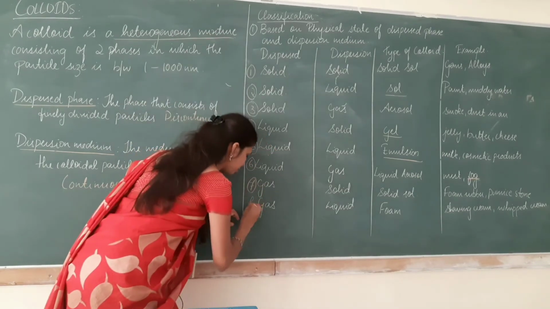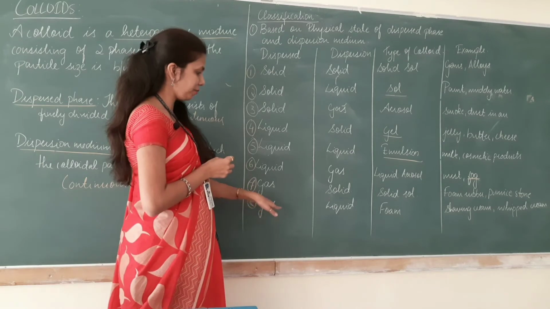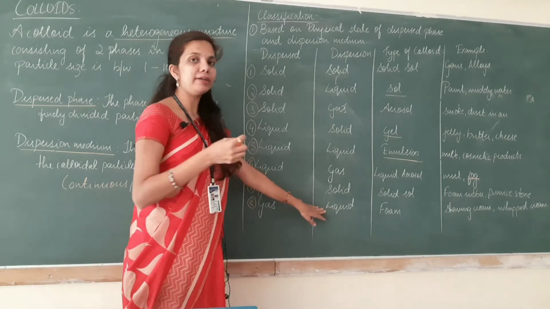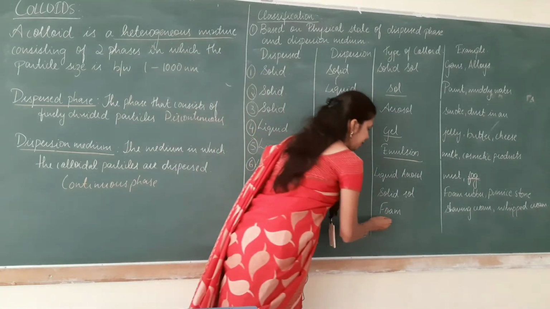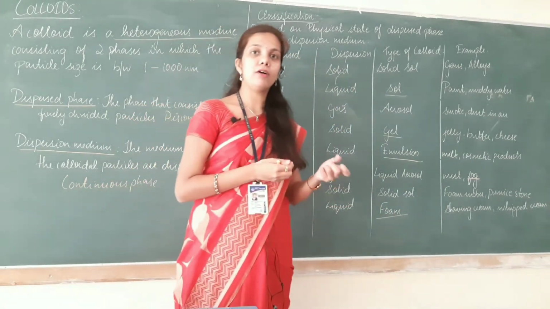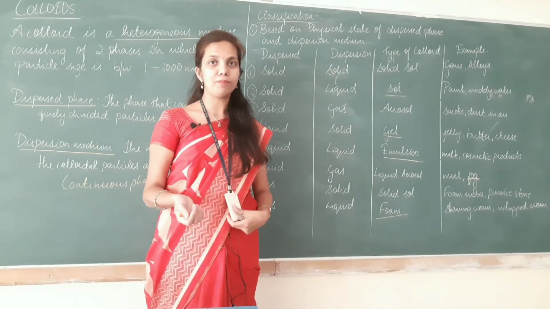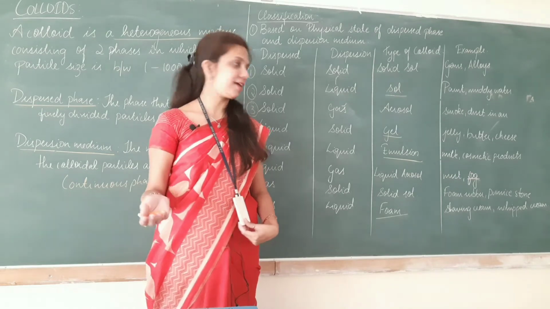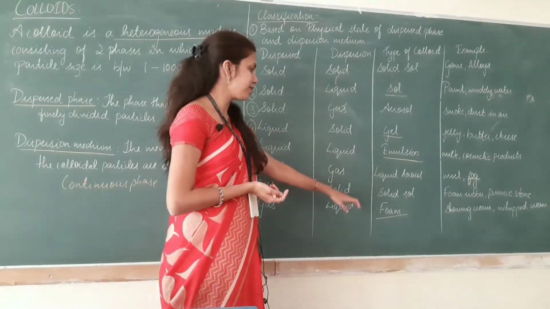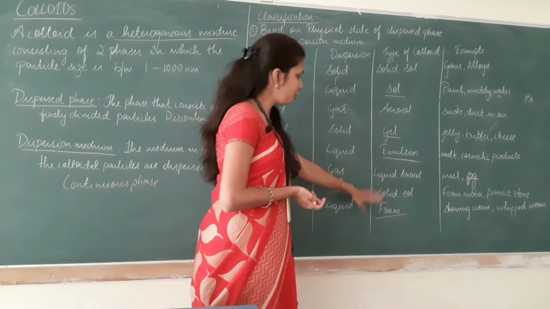Coming to the eighth and last one, the dispersed phase is gas and the dispersion medium is liquid, and the type of colloid is called foam. This is an interesting part which we use in our day-to-day life: we use whipped cream for preparing our cakes, or even shaving creams. These are examples of the colloid type foam.